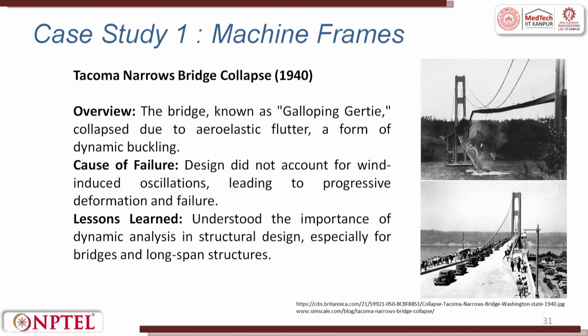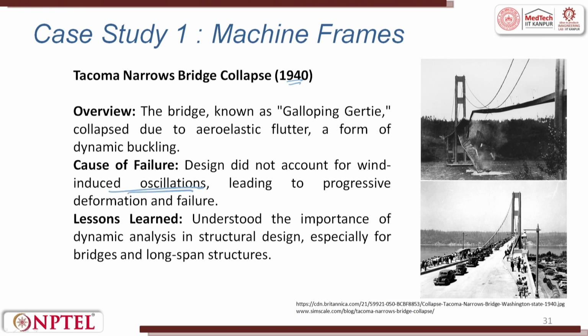The Tacoma Narrows Bridge collapsed in 1940. The bridge is known as Galloping Gertie. It collapsed due to aeroelastic fluttering, a form of dynamic buckling. The cause of failure is that the design did not account for wind-induced oscillation.